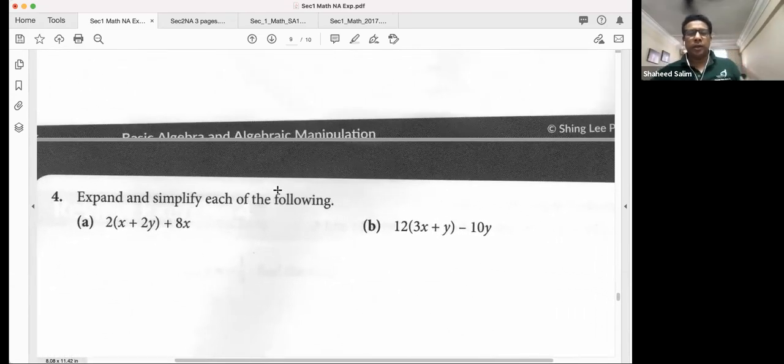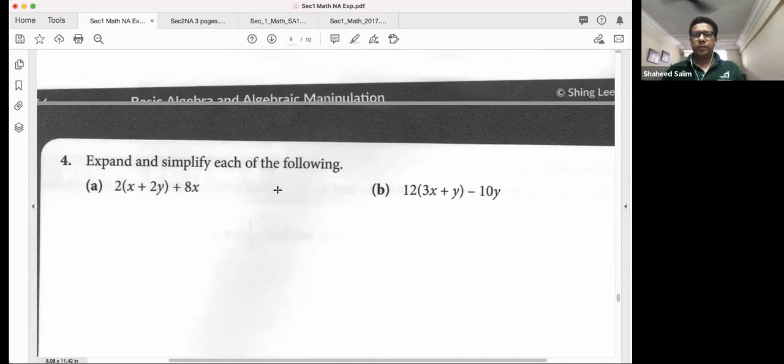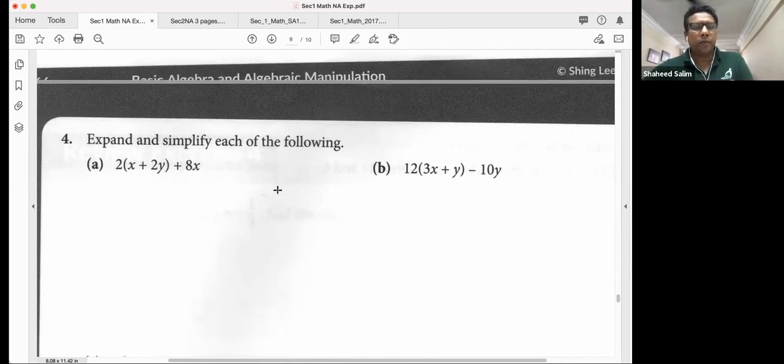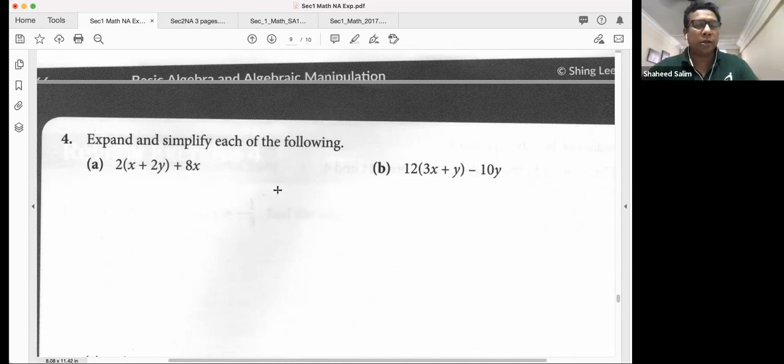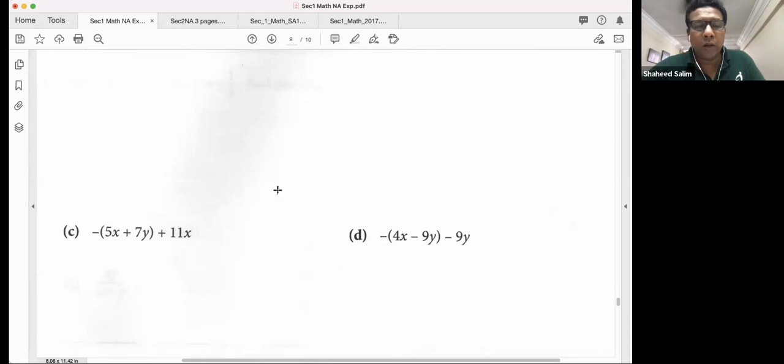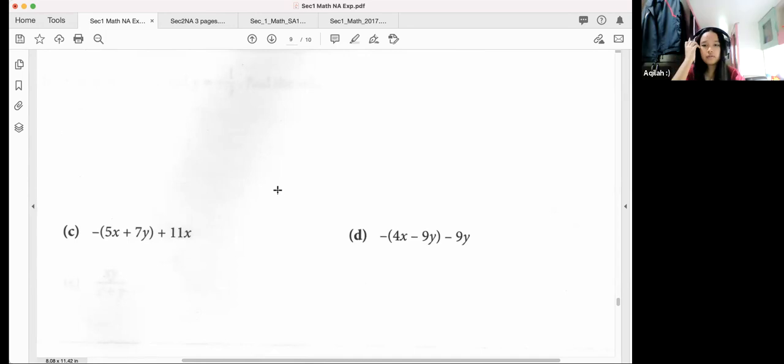Okay, can we try question A? 10x plus 4y. Good. Okay. What about D? Negative 4x.